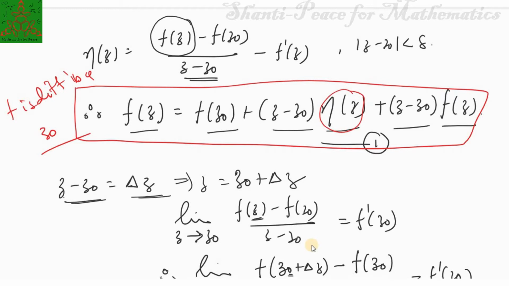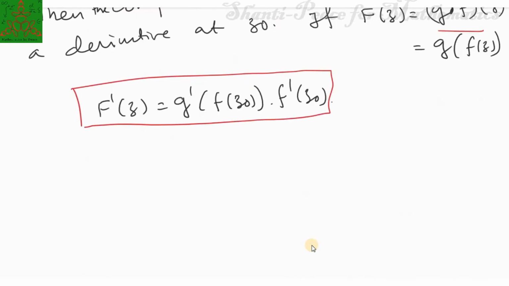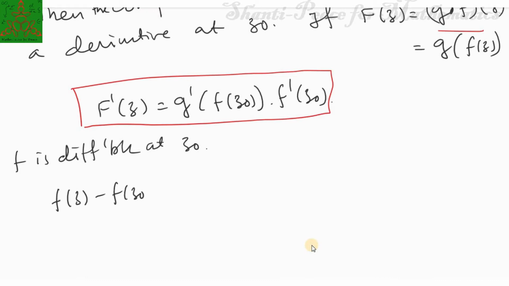So with the help of this, given that f is differentiable at z0, we have f of z minus f of z0 equal to f dash of z0 times z minus z0 plus some function I am denoting as epsilon of z minus z0.